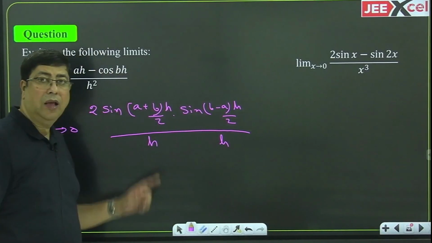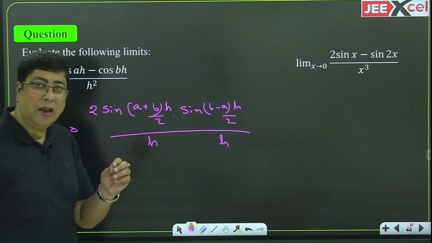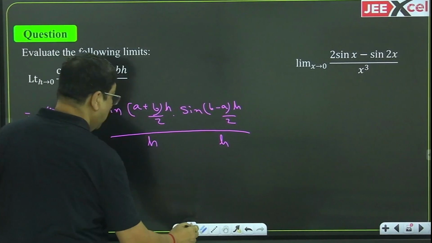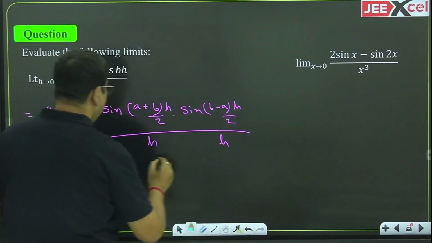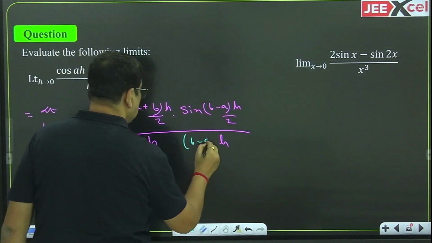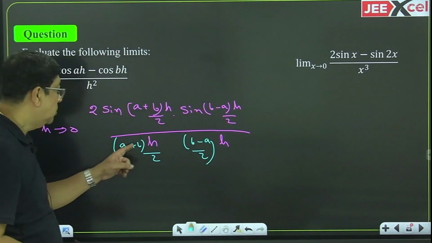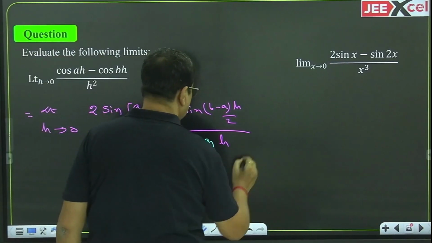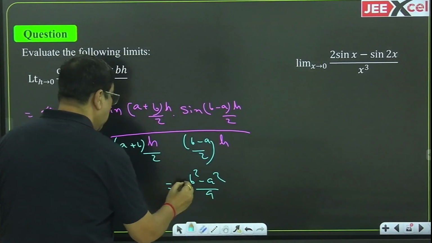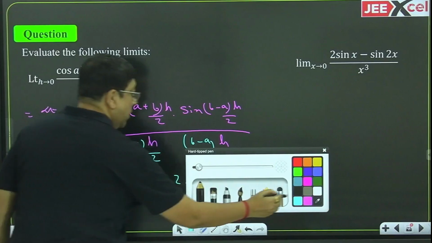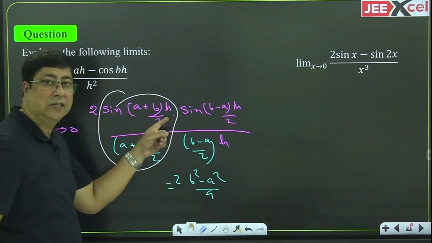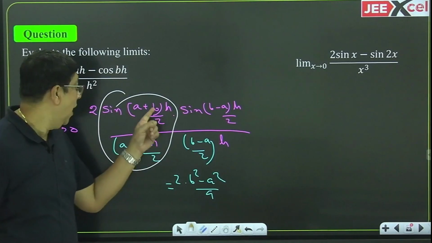We have to apply sin x by x is 1. The main target is that the denominator should not be zero, so we should observe h. How will we observe? See, here a plus b by 2, b minus a by 2. So let us balance: b square minus a square by 4. So I am writing here b square minus a square by 4, and 2 outside. Now see, this is 1 because if h is 0, this thing is 0 and these are same.